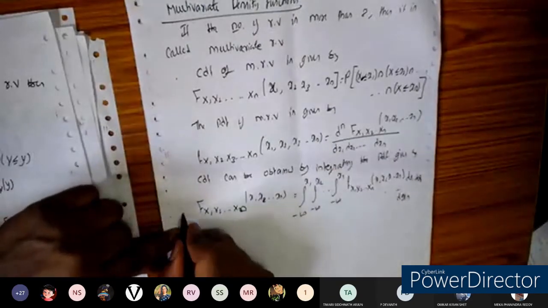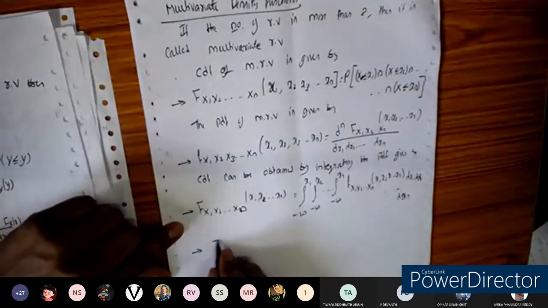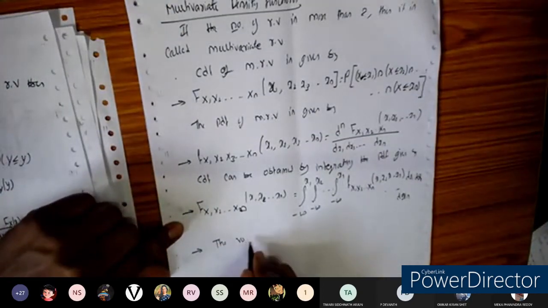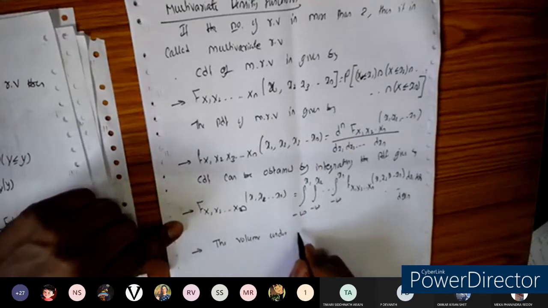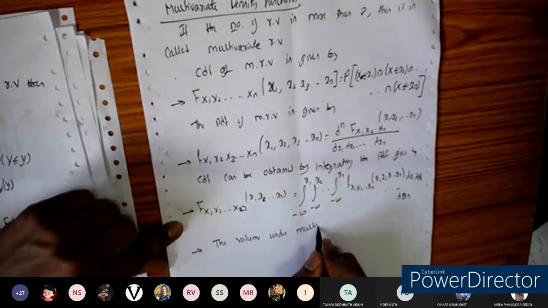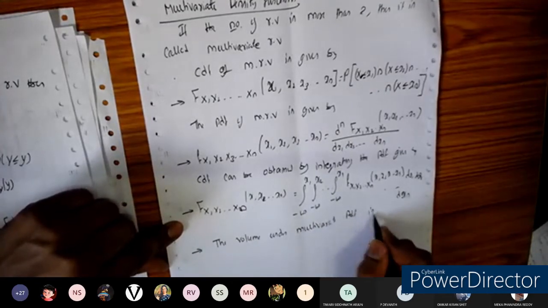That's another property we have seen. These are the different formulas we have seen. So the volume under the multivariate PDF is equal to 1.